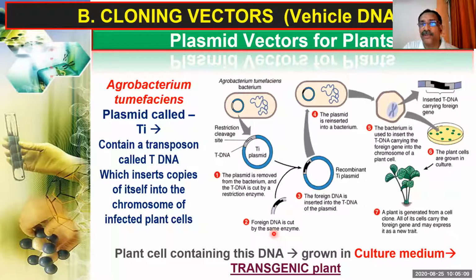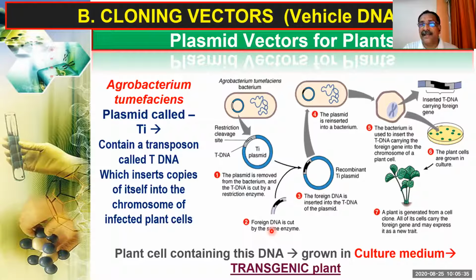In Agrobacterium tumefaciens, there is a plasmid called the TI plasmid, that is, tumor-inducing plasmid. And in this tumor-inducing plasmid, there is a particular sequence of DNA that can be moved from one place to another, called a transposon. That transposon we simply call tDNA.